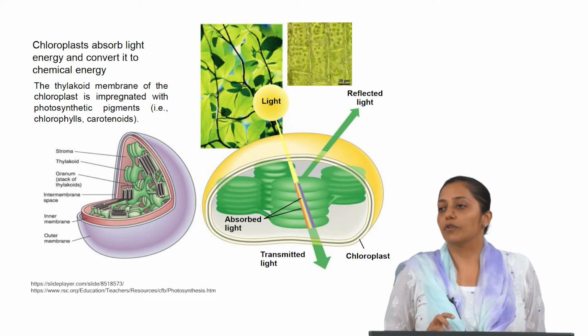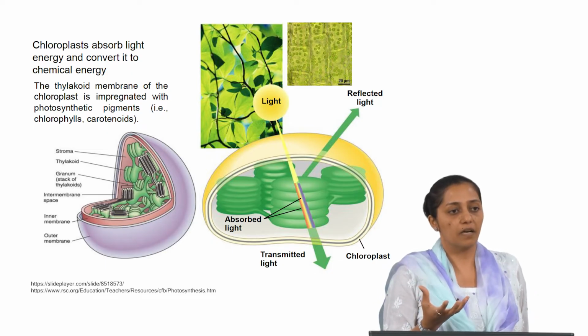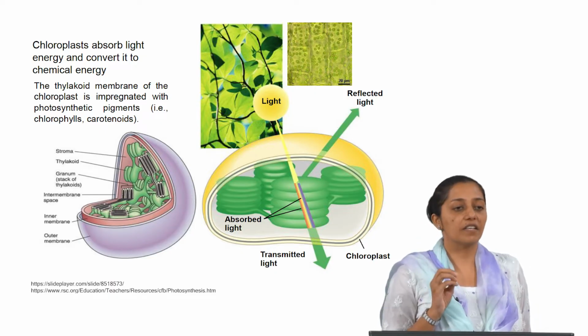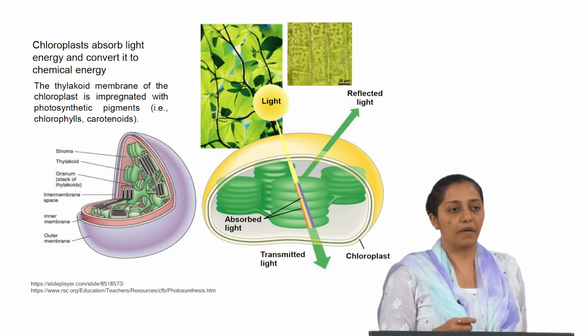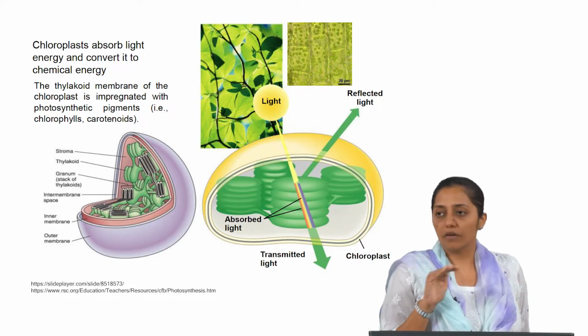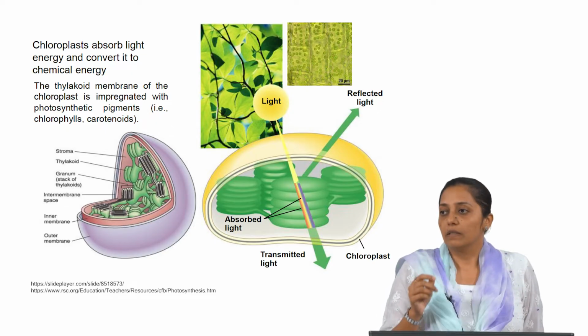So, what happens in photosynthesis? You know that it happens in chloroplast in plants. Now, chloroplasts, their membranes are rich in a green colored pigment which is called chlorophyll. Now, they have a number of granular sacs which are called thylakoids.